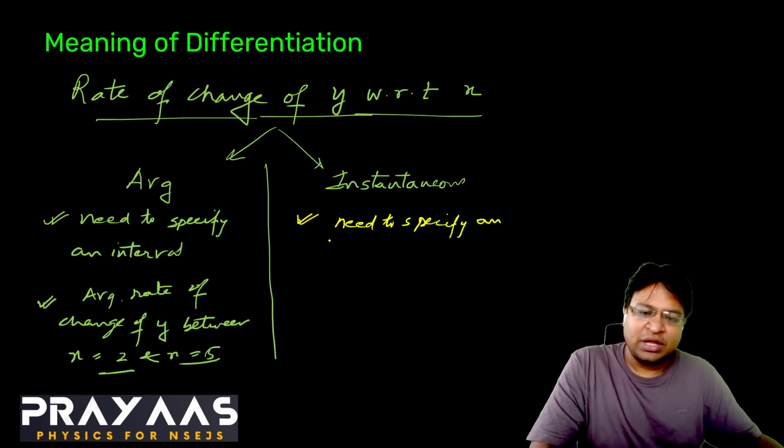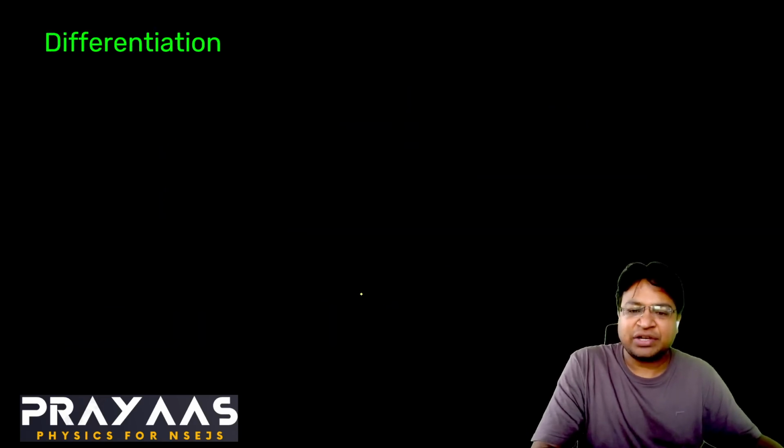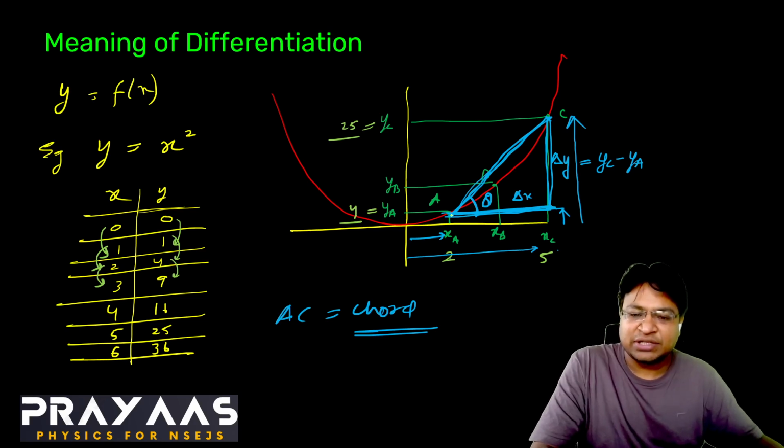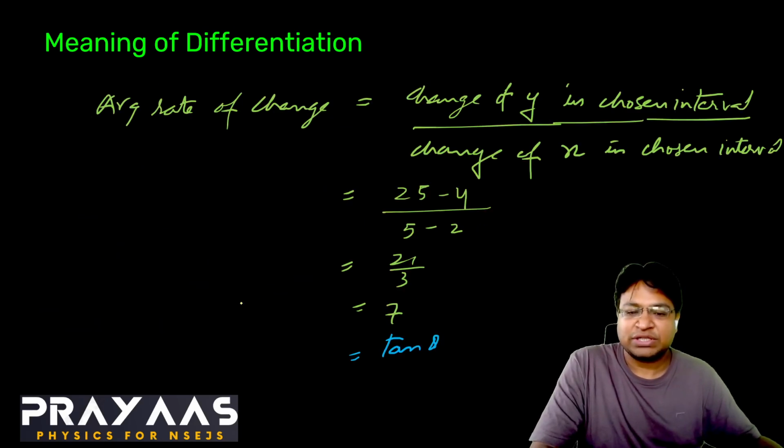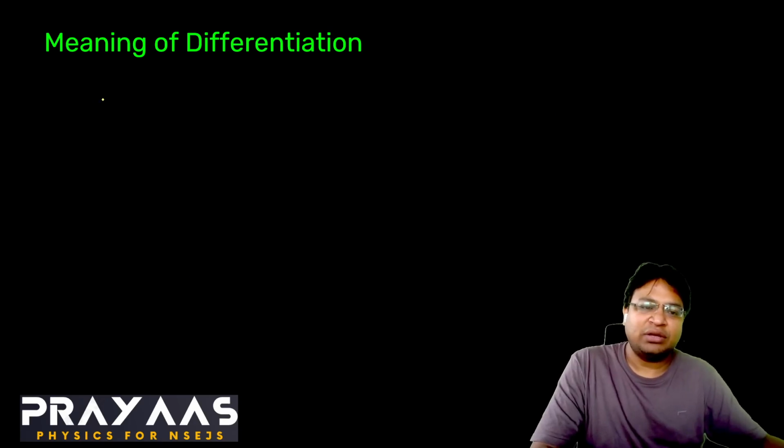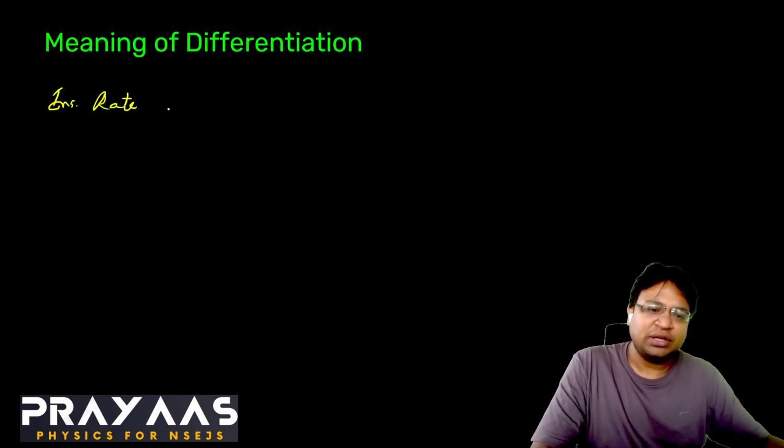For example, let's say I want to calculate the instantaneous rate of change when x is equal to 2. This would mean that I want to calculate the average rate of change for two very, very nearby points, 2 points which are very near to x equals 2.